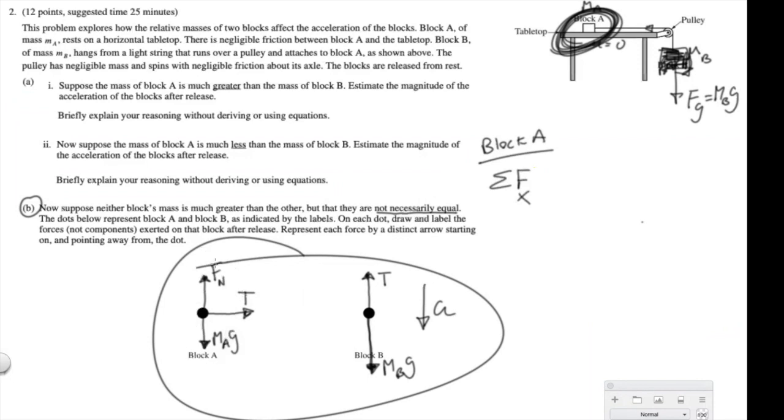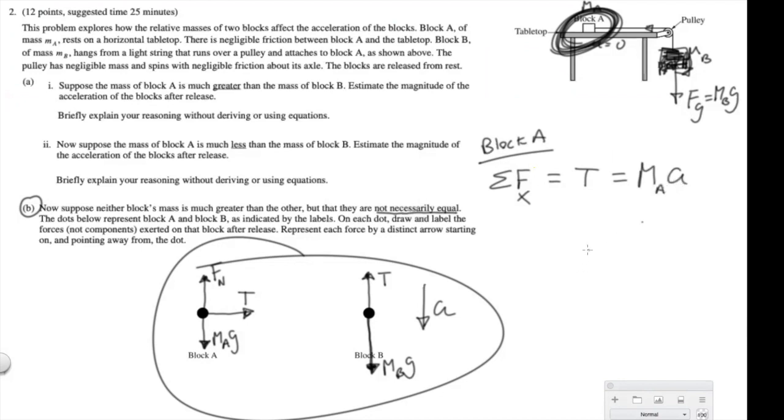We're not going to be using the Y direction for block A. We only need the X direction. So we're going to sum forces in X, and that's going to be T, and that's going to equal, there's only one force in the X direction. Sum of the forces always equals MA, and that's going to be mass of A.